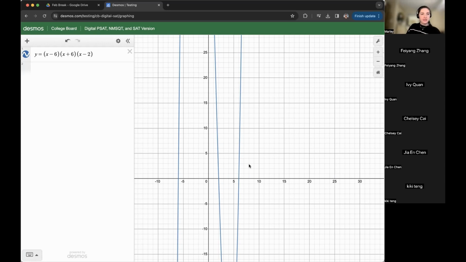Faying, can you explain how you got that answer that you just sent me? You identify when x equals 2, which is equal to 0.